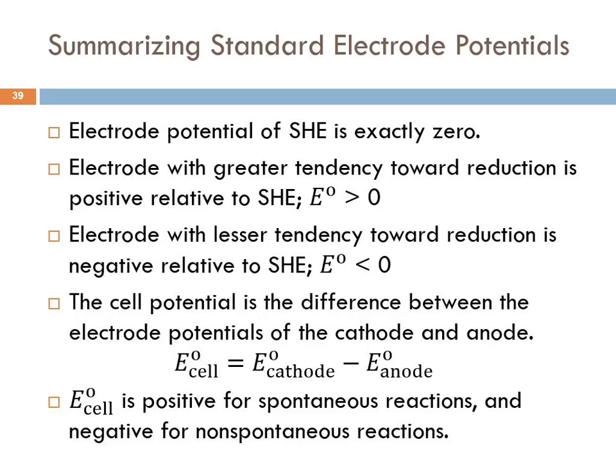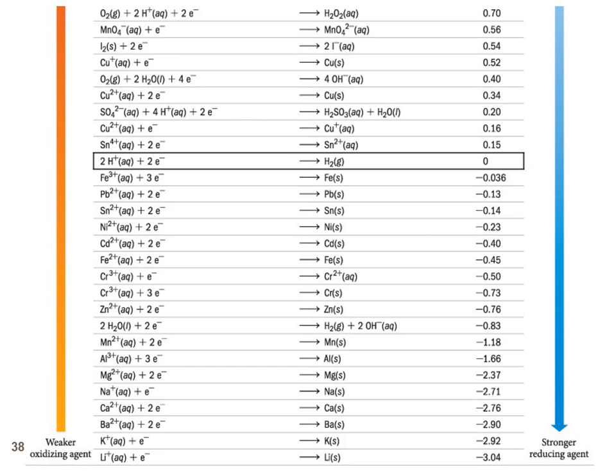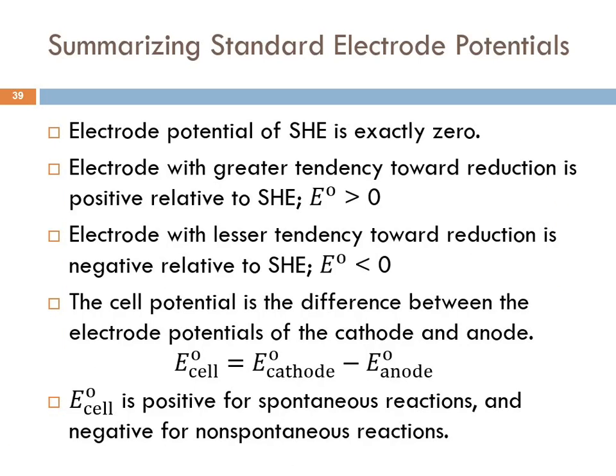And so when we look at this table, things that are positive here are going to be happy about being reduced. These things down here with negative potentials, they don't want to be reduced. They want to be oxidized. So if it has a lesser tendency towards reduction, it's going to have a negative.